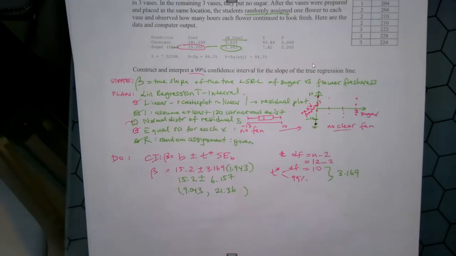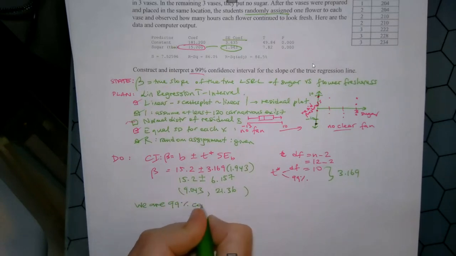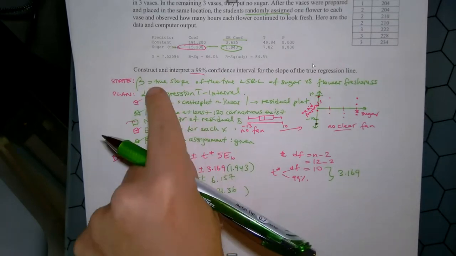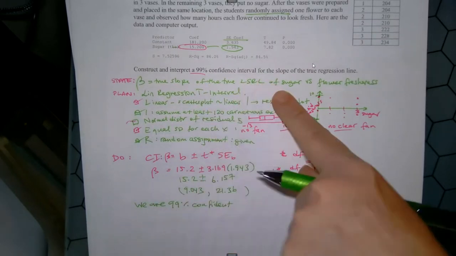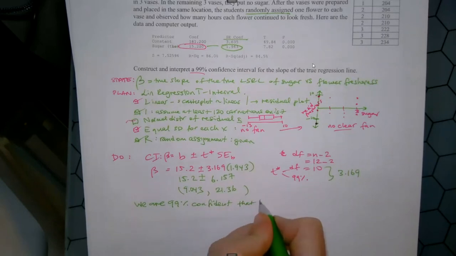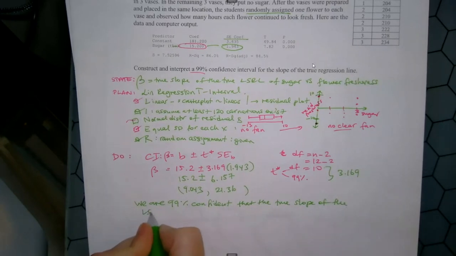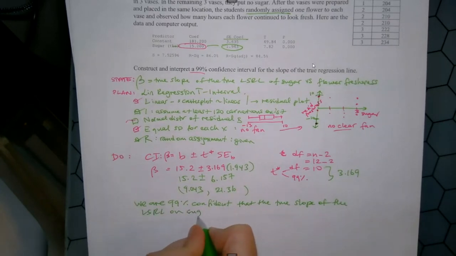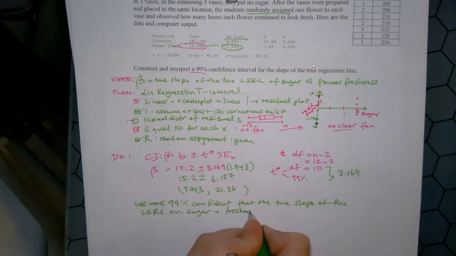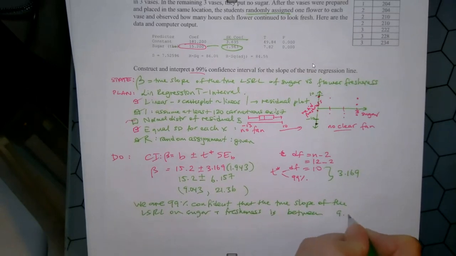Okay, now it's interpreting time. What have we found out? We are 99% confident that the true slope of the true least square regression line connecting sugar and flour freshness is between 9.0 and 21.4.